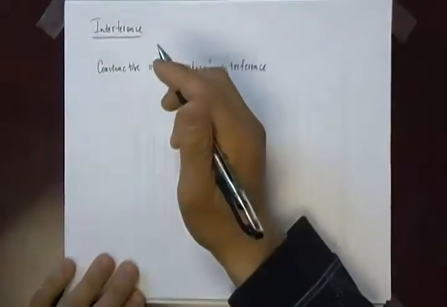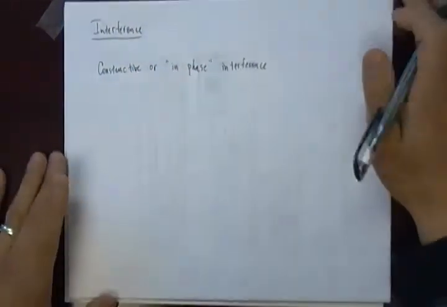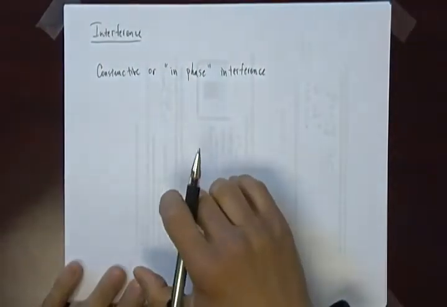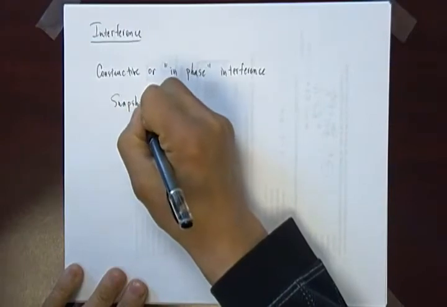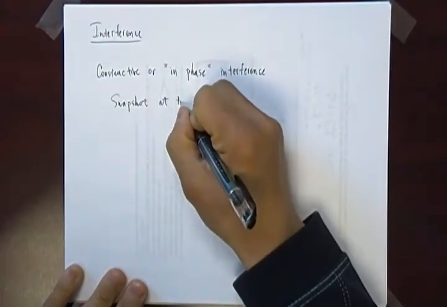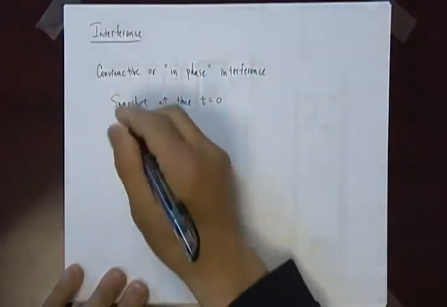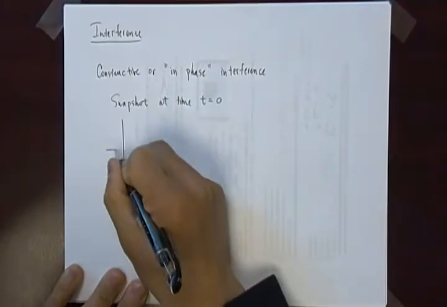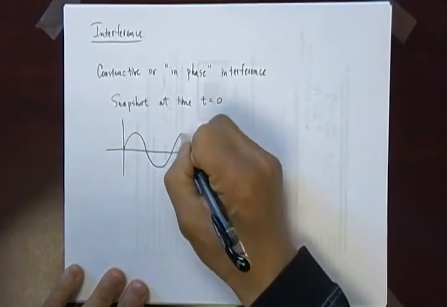So let me show you. What's complicated about drawing these waves is you can either draw them as a function of time, or as a function of space. So let me just show a snapshot at time t equals 0. I'm drawing it versus position. Suppose I have one wave that does this.